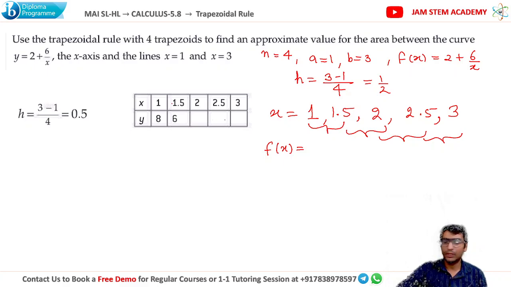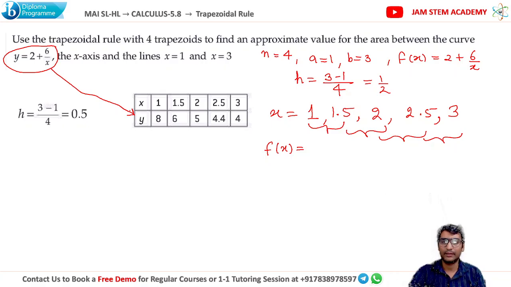You just have to substitute that value of x in here to get the value of y. Next, put x equals 2 here. So you will end up getting 5. Similarly, you can fill this table. Now here I have y values, y0, y1, y2, y3 and y4.